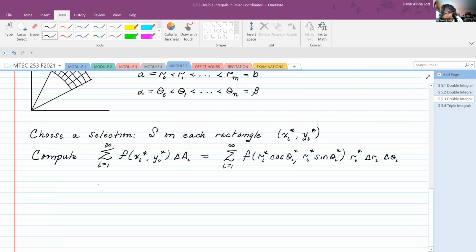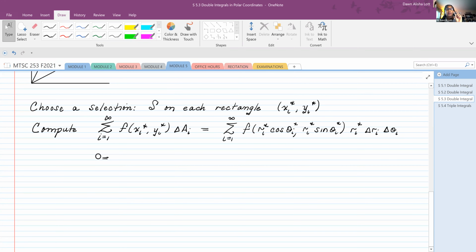Okay. So this now becomes that. And I'm wrong, I don't want it to go to infinity yet. I only want it to go to n. Well, let's make it k. Okay.